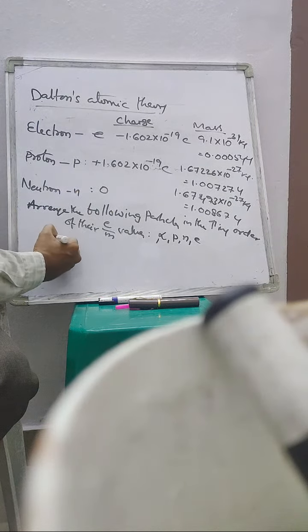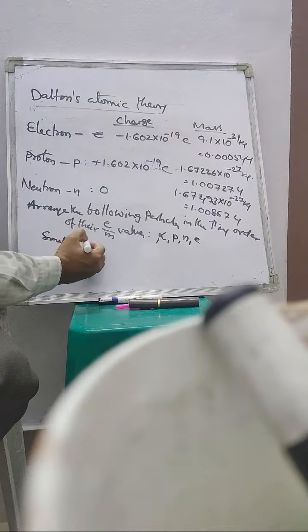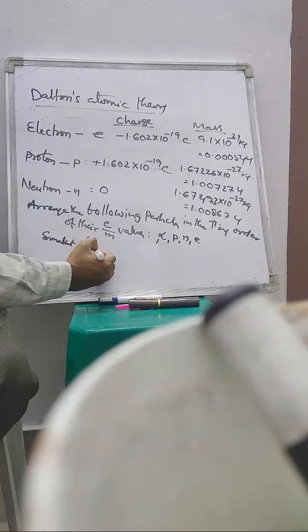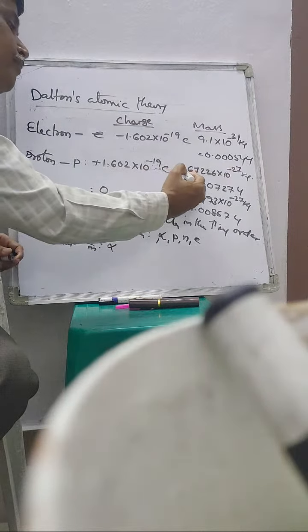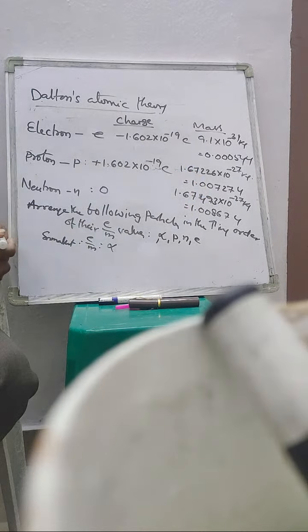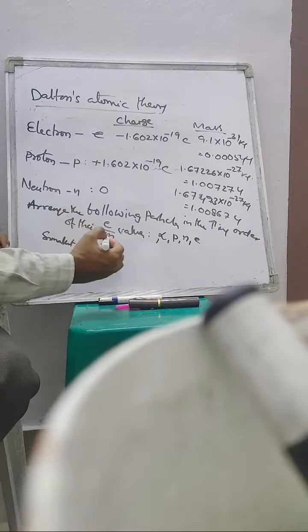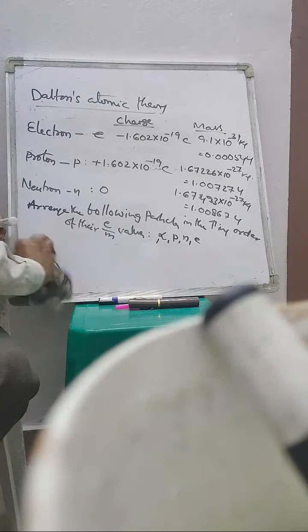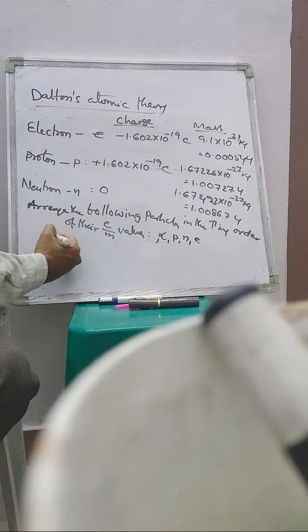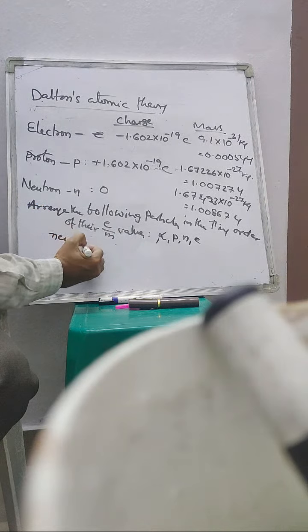That is, the smallest e/m value is for the alpha particle, followed by the neutron, since its mass is more than that of the proton, and moreover, the charge of the neutron is 0.